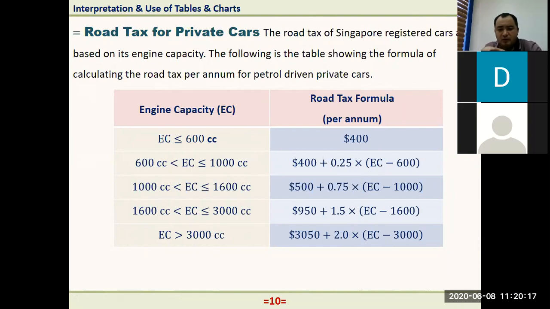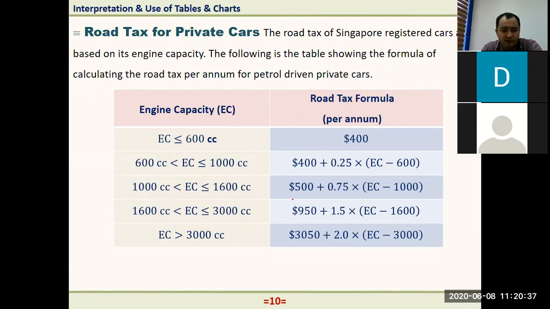It's like the small Kia cars, right? So another one is in the next row, if the engine capacity is between 1,000 and 1,600, these are also small cars, right?